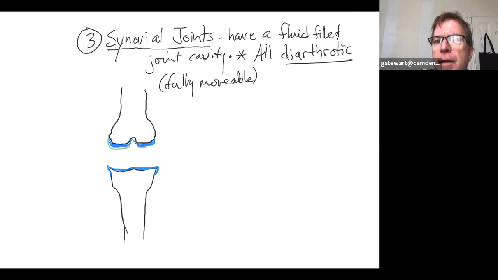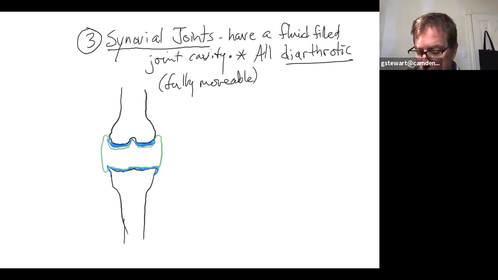This inner membrane layer fuses practically with the articular cartilage in this area. And then there's an outer layer to this membrane as well. It's double thickness. And we call what's inside of it the joint cavity. Like I said up here, it's fluid filled.